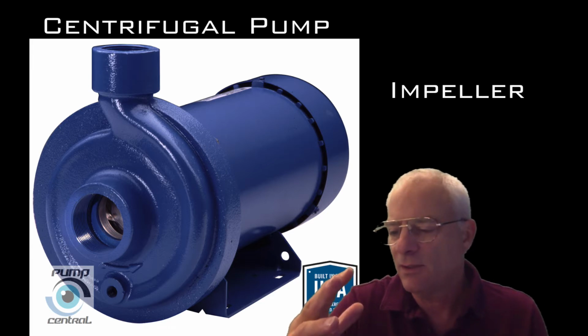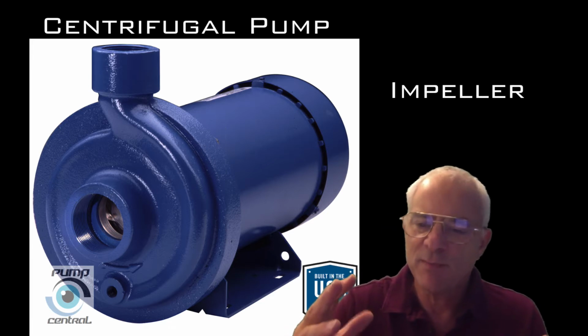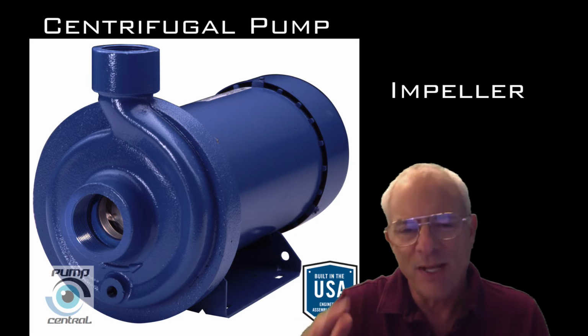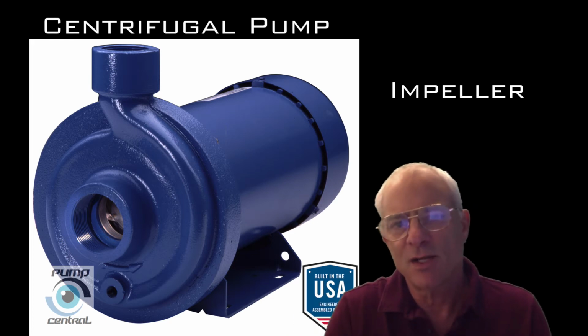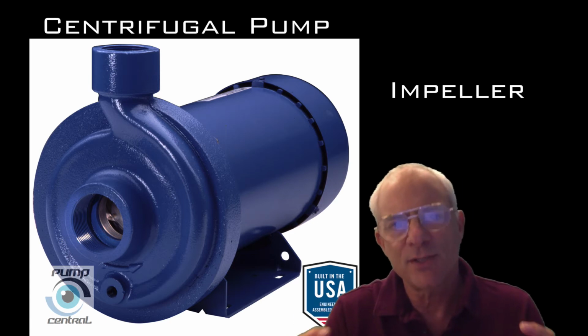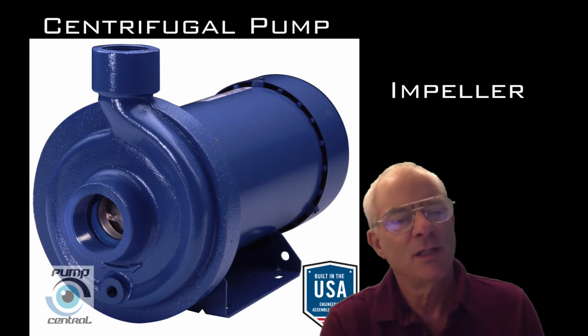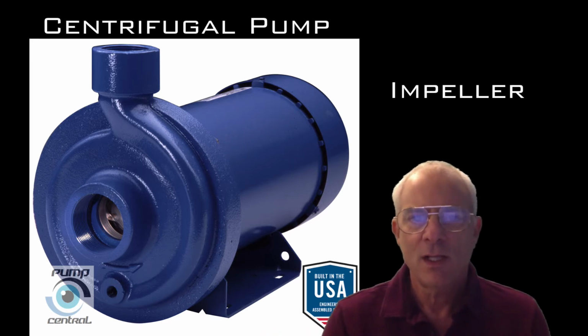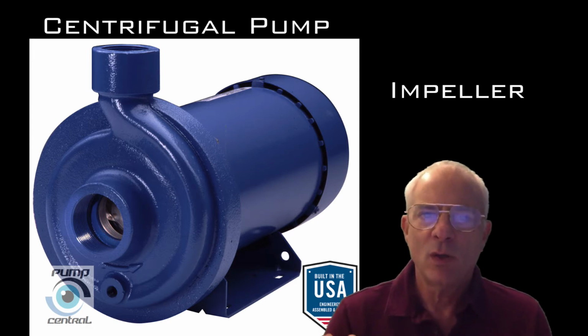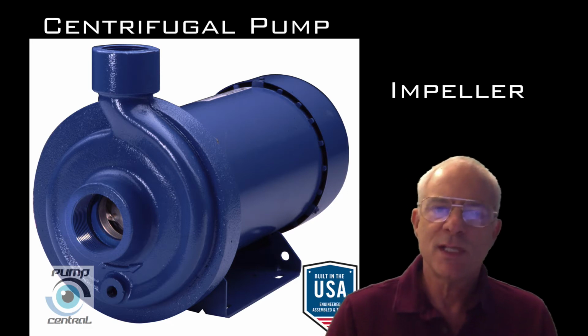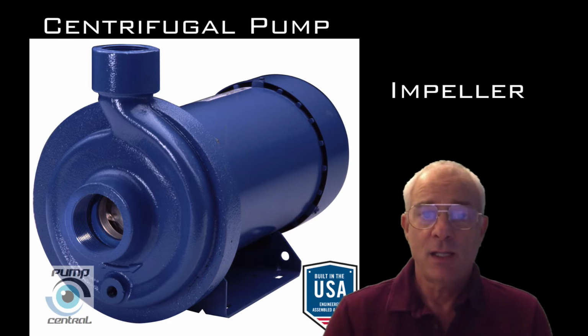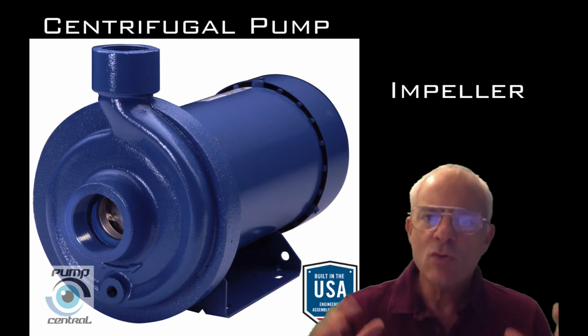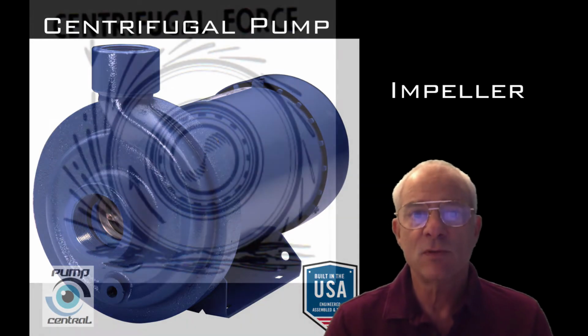The commonly used word for something that throws water is a propeller, because we all have seen propellers in water that create thrust. But in a pump, we don't say propeller, we say impeller. And the impeller throws water using centrifugal force.